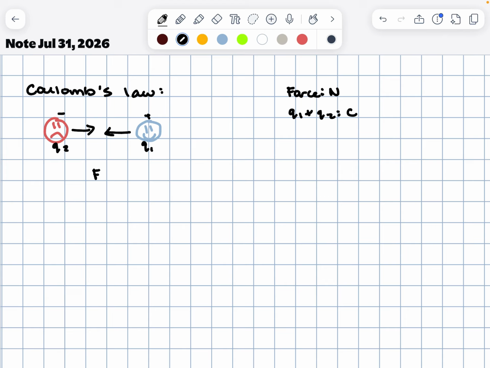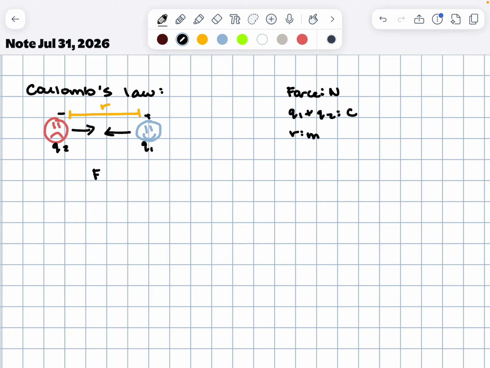So unlike area or other concepts in academia, r is not representative of radius here. Instead, r is going to be the variable for distance, and so we'd be using this in the equation, and it's measured in units of meters. So this distance here is our r, and r is measured in meters.